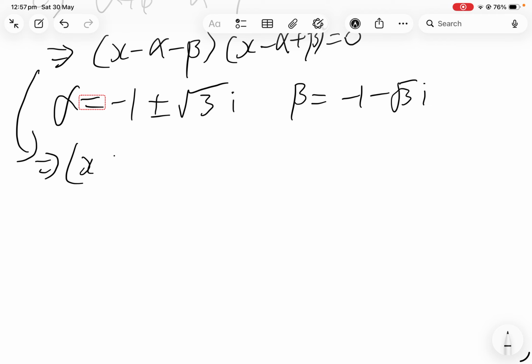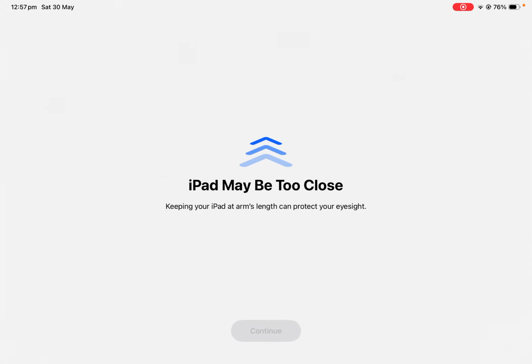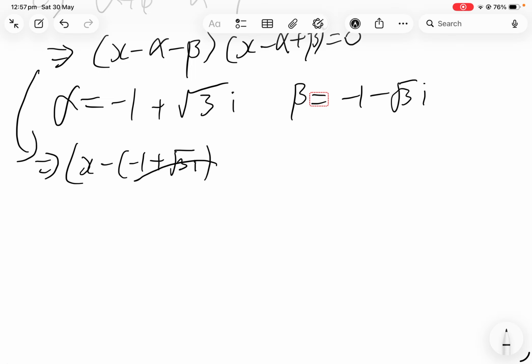Okay, we have negative 1 plus, I meant plus, minus. Actually, it would be easier if we don't expand it right now. If we expand it later, yeah?